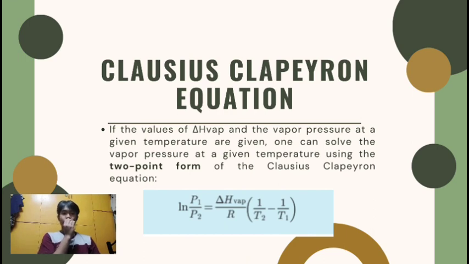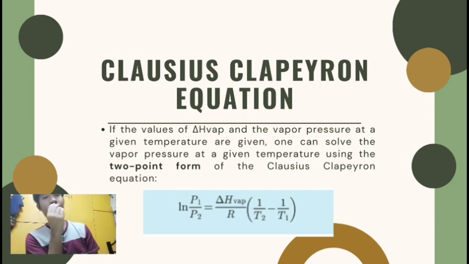If the values of the enthalpy of vaporization and the vapor pressure at a given temperature are given, one can solve for the vapor pressure at another temperature using the two-point form of the Clausius-Clapeyron equation.